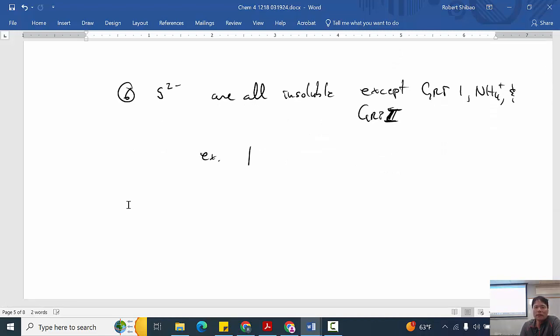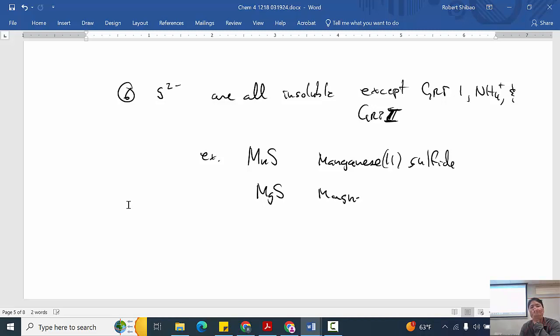And so let's take a look at this. What is this called? Manganese. Manganese sulfide or manganese 2 sulfide? Manganese 2 sulfide. What is this called? Magnesium or magnesium 2?